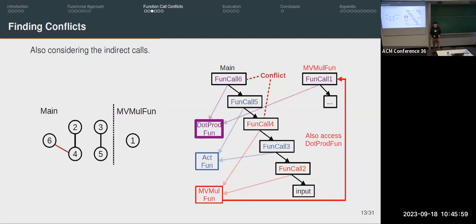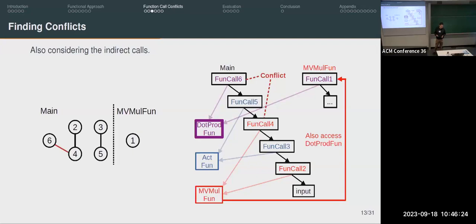Here we have the dot product function. It's called by function call 6. And in another scope, function call 1 is also accessing this function. But you can see function call 1 is under the scope of MV mul, but MV mul is called by function call 4. So we can treat it as if function call 4 is actually calling the dot product function.